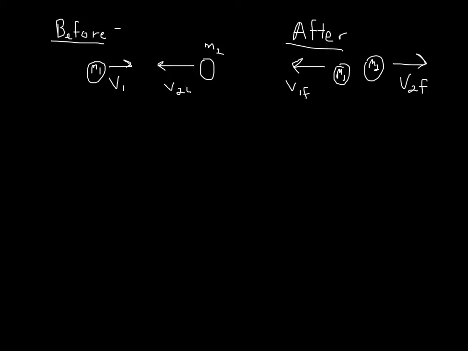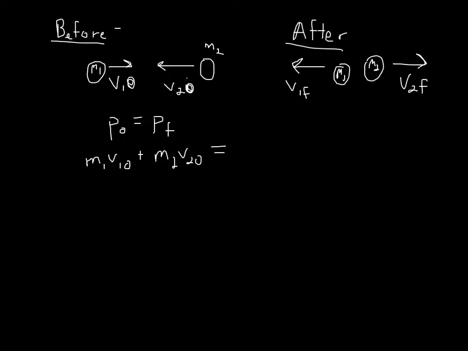And to be perfectly clear, we'll make sure we put little initial markings for the initial velocities. So before a collision is equal to after a collision. Momentum before is equal to momentum after, if this is an elastic collision. Momentum before is equal to the mass of the first ball times the initial velocity of the first ball plus the mass of the second ball times the initial velocity of the second ball.